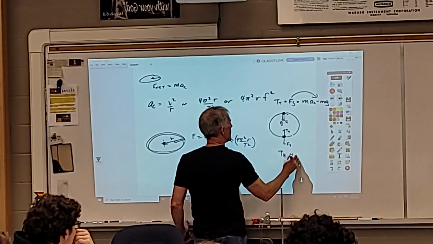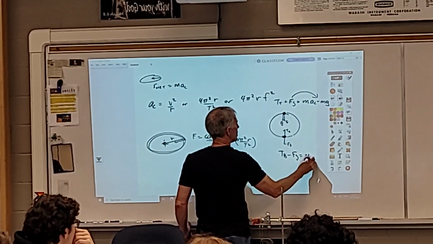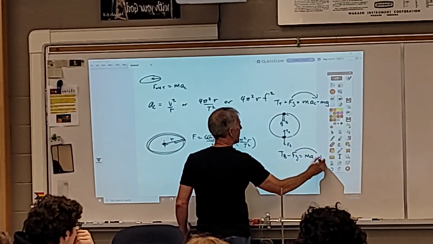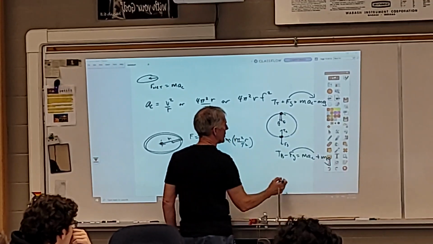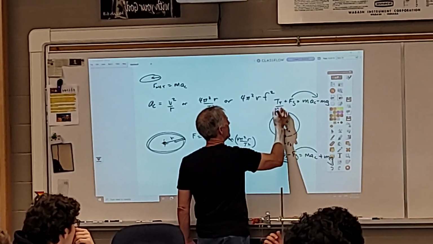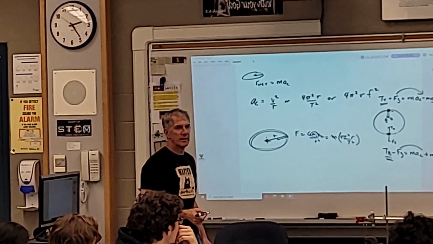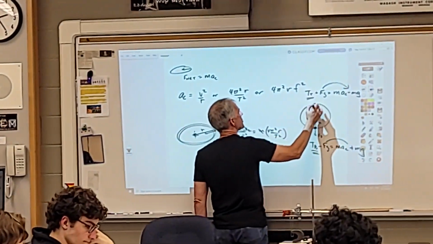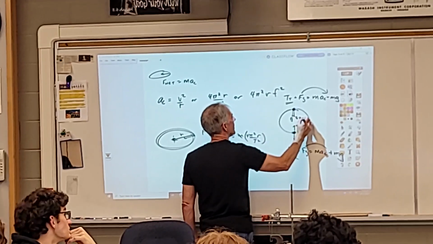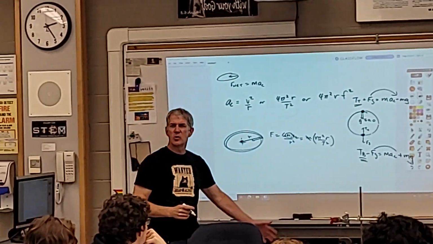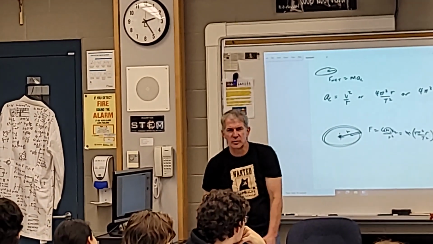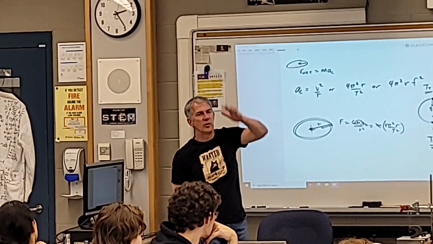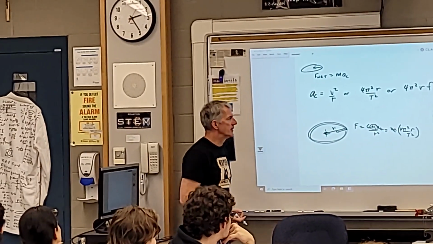T at the bottom minus gravity is your net force. Bring this over and you add mg. You'll notice the tension at the bottom is bigger than the tension at the top. And there are problems where the tension at the top gets close to 0 when you go your slowest possible speed. Any slower and you'll fall out of these orbits.